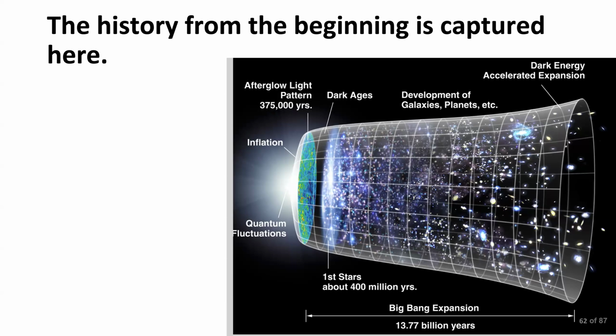Just atoms of hydrogen flying around at enormously high speeds, bathed in the radiation left over from the Big Bang. And it took 400 million years. Now, I'm going to amend this in a second, but on this drawing, it says it took 400 million years for the first stars to form.